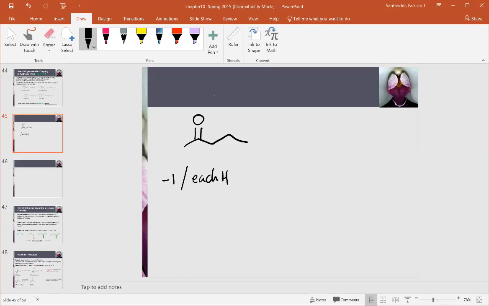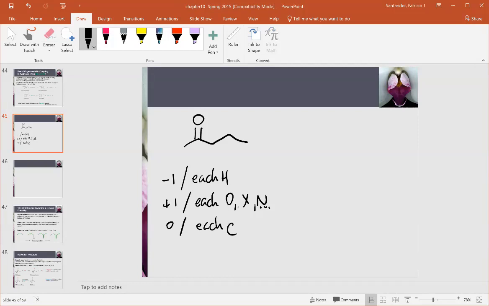For each attachment to oxygen or some other more electronegative element, we will add 1, and that will be for each oxygen or halogen or nitrogen. And for each attachment to another carbon atom, we just add 0. So attachment to another carbon atom will give you 0.